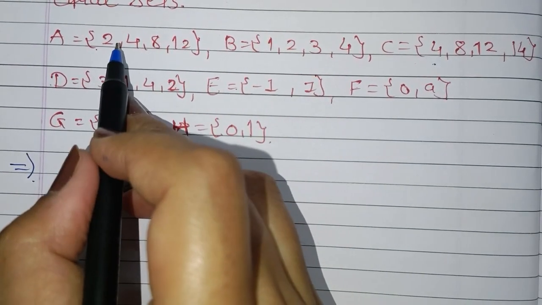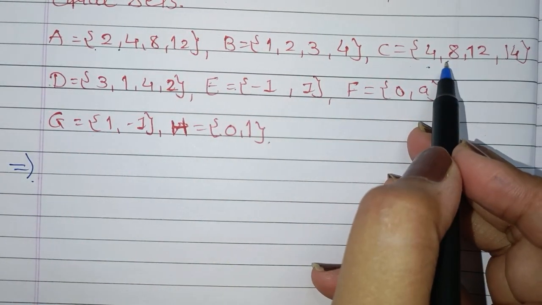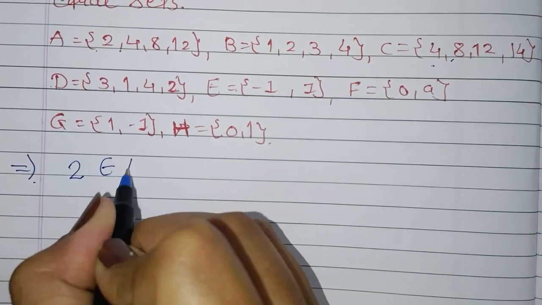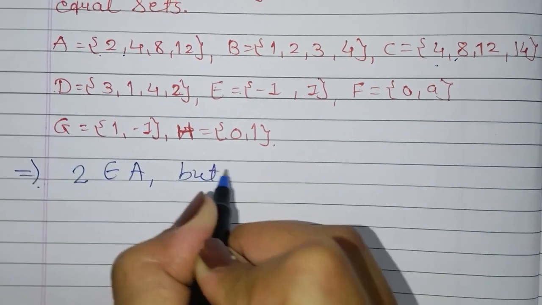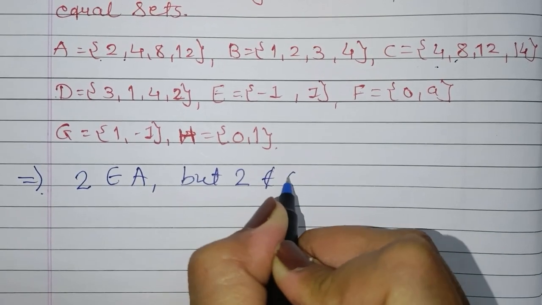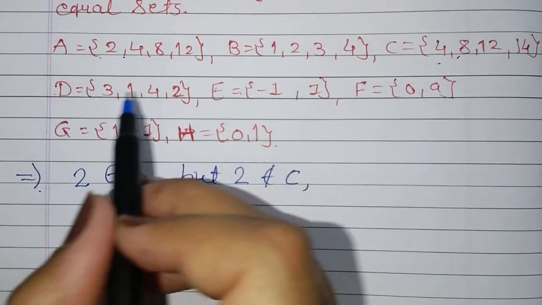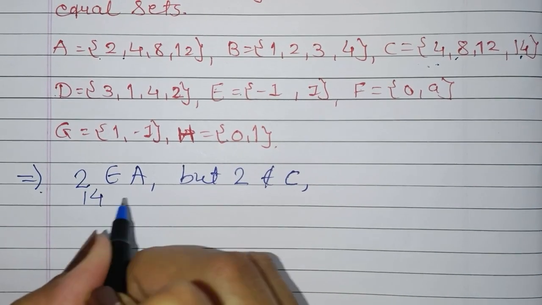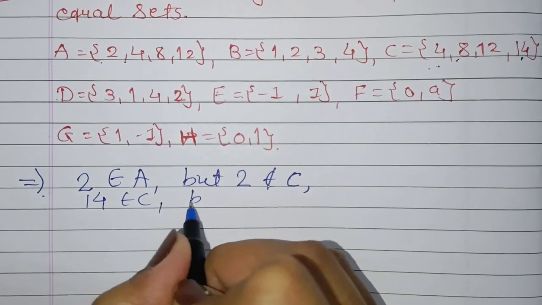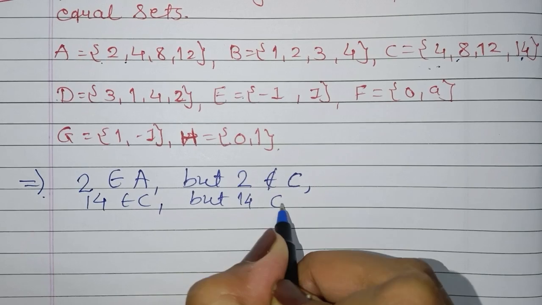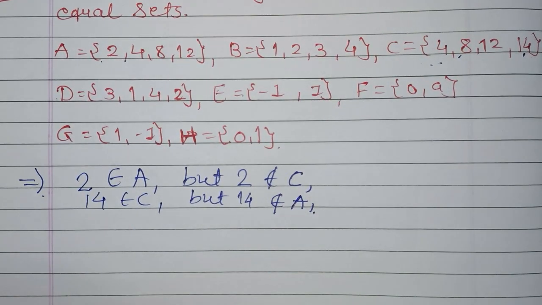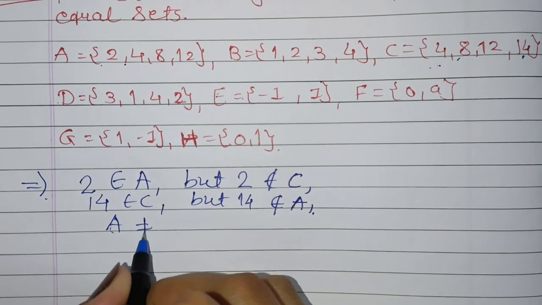First of all, we are checking whether A equals C or not. 2 belongs to A but 2 does not belong to C. 14 belongs to C but 14 does not belong to A. That's why A not equals C.